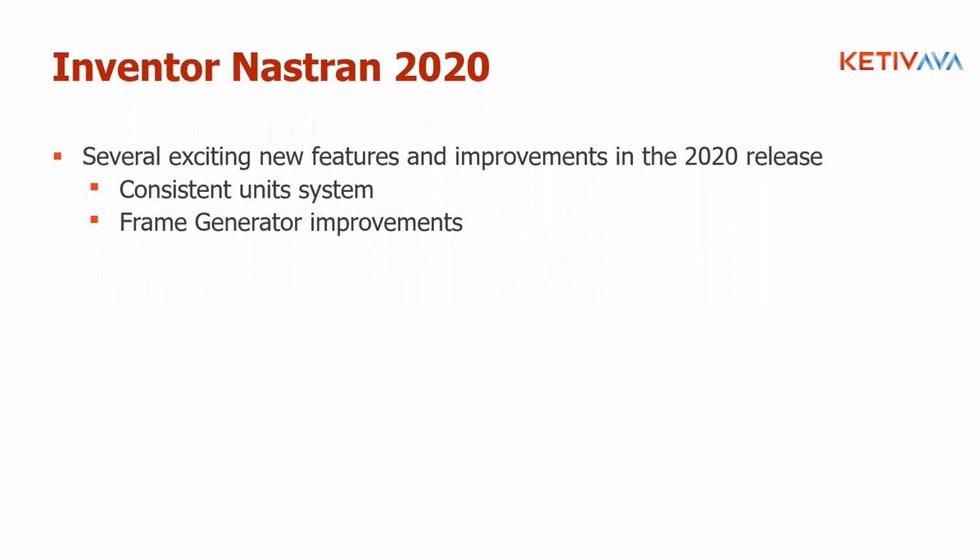So if you've tried using frame generator and Nastran In-CAD 2019 and previous, you would have noticed a few bugs. For example, when you try and select a specific member of a frame, you may have noticed that the solid portion would disappear, and you would just see the line there. So they've fixed some of those bugs.